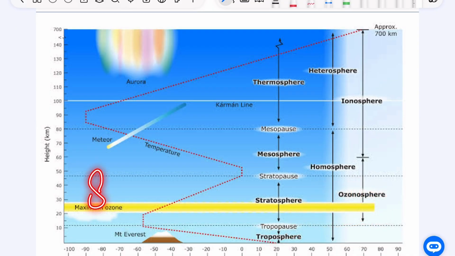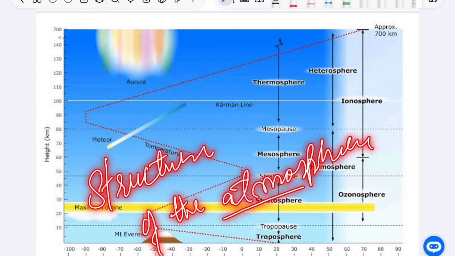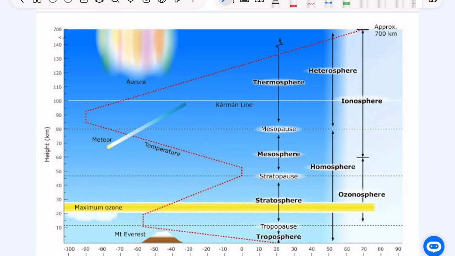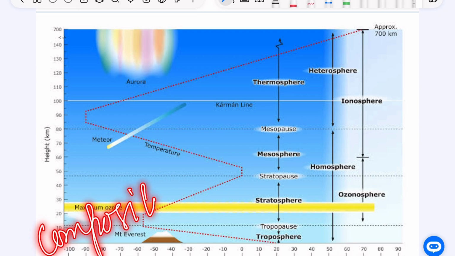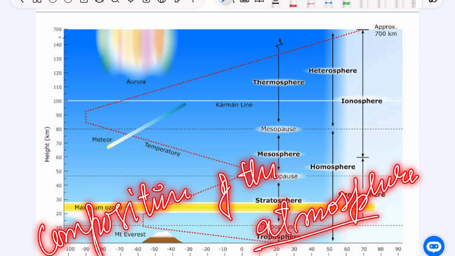So with this I am done with the structure of the atmosphere. Now in the next video we will be discussing the composition of the atmosphere.